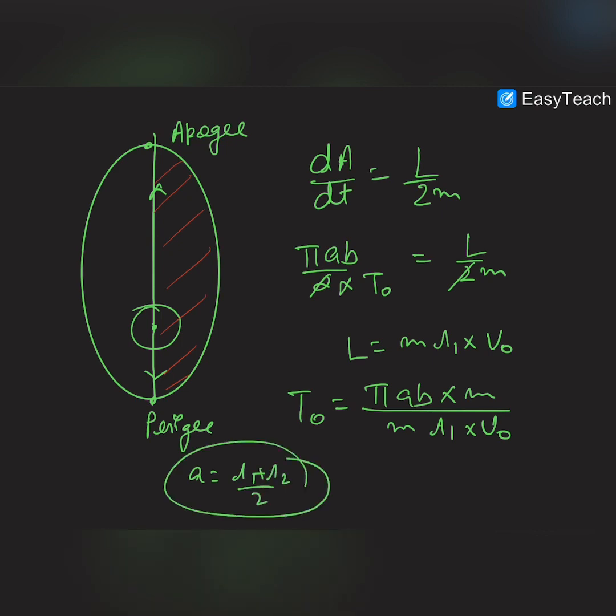And to calculate this time, we need to have the data of semi-minor axis, or we need to have the value of eccentricity of this elliptical path. So by that we can find out this. So let me tell you how we would get that.